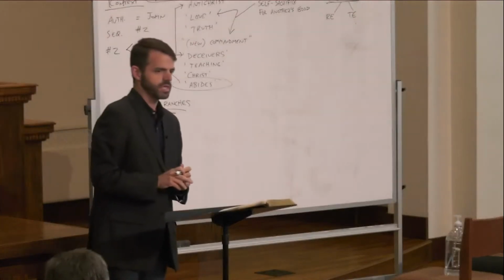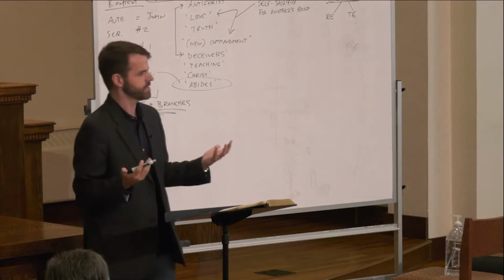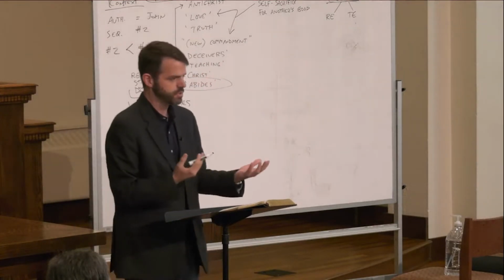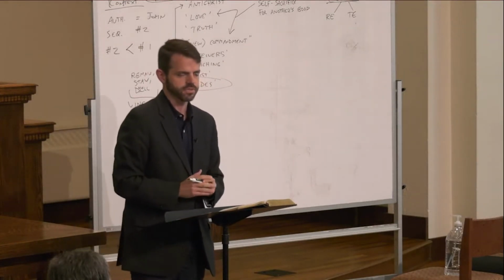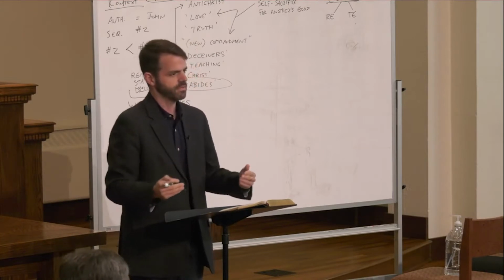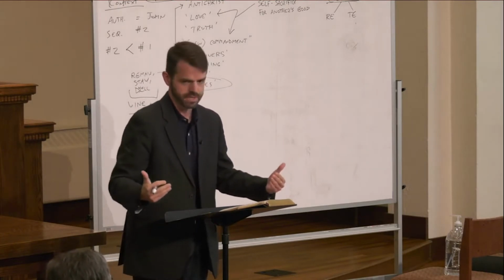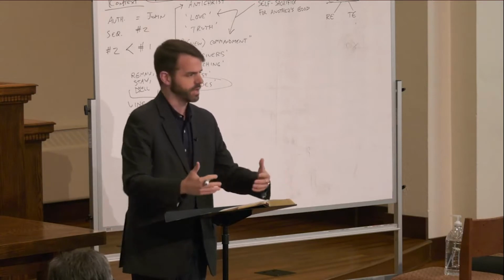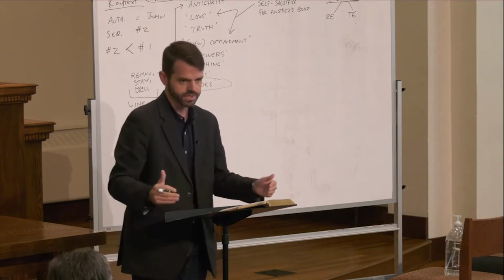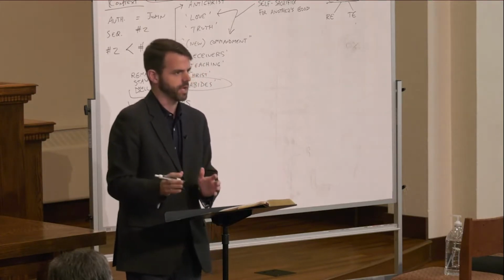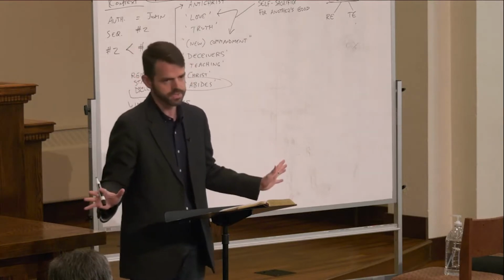Again, it seems at least plausible that one possible explanation for both Peter using that title and John using the title is that they are implicitly recognizing that the foundational period of the church is beginning to pass, and we want to reinforce that the passing of the apostles does not mean the church is going to fall to pieces.